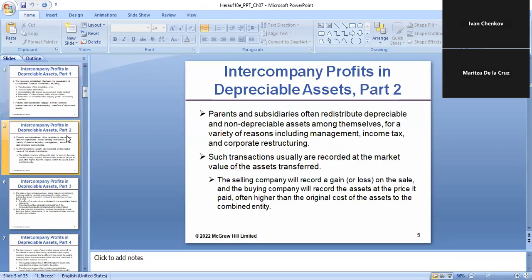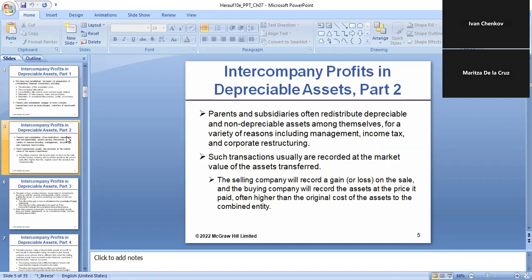Now, the next thing that will happen is the intercompany profit on depreciable assets. For the purpose of shifting income from one company to another, the parent and subsidiary usually sell each other depreciable assets.